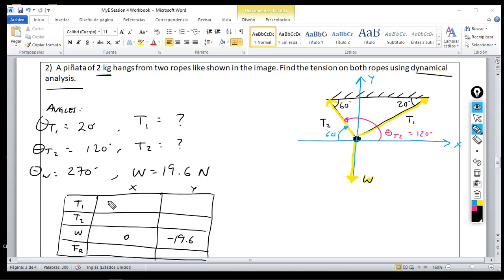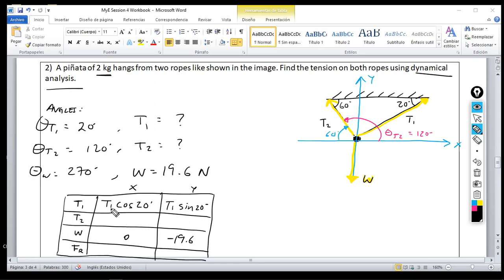T1x is going to be T1 cosine of 20. You see? I still cannot calculate all of this because I do not have T1. So this is the most that we can do. T1 cosine of 20. And the same goes for the y component. The y component is going to be T1 sine.